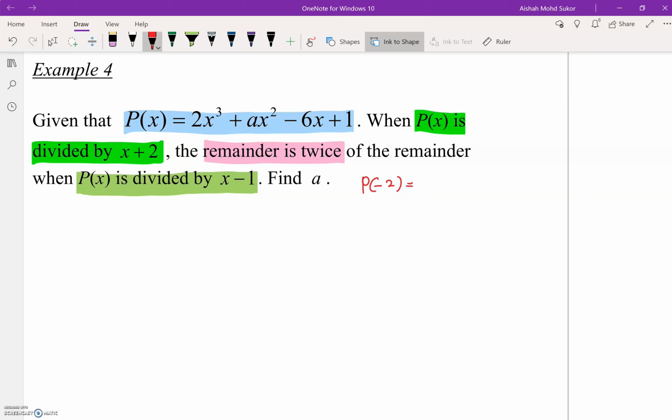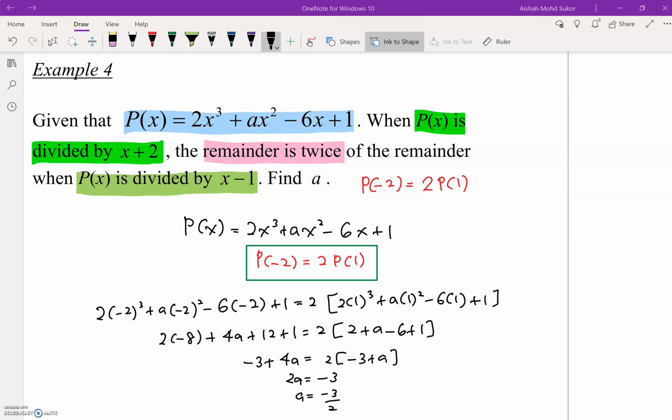The remainder is twice the remainder when p(x) is divided by x minus 1, so we have p(1). And we have p(negative 2) is equal to 2p(1). Substitute the corresponding values of x. We have a equals negative 3 over 2.